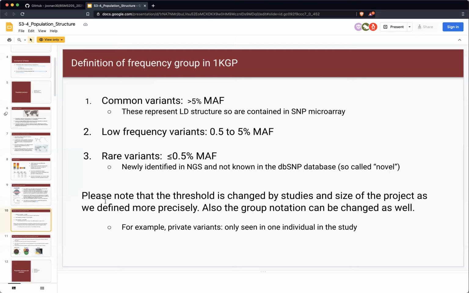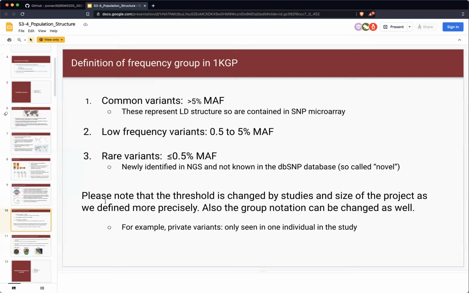So one thing to note is that this threshold is the way the 1,000 Genomes Project used, but this definition can be changed by studies. The reason is that the size of the project, size meaning the number of individuals participating in a project, differs by studies. And also, you can surely imagine that the latest projects have much larger sample sizes than that day.